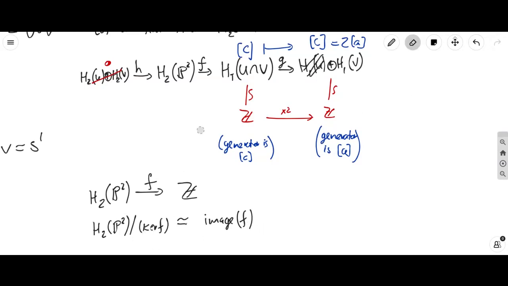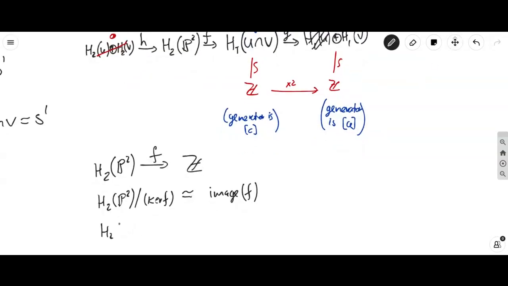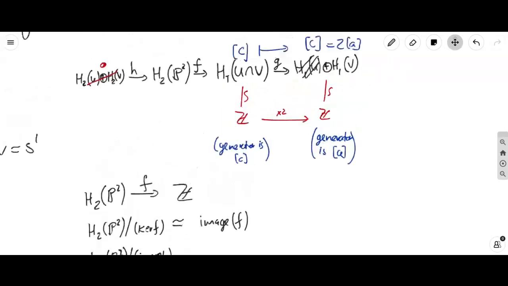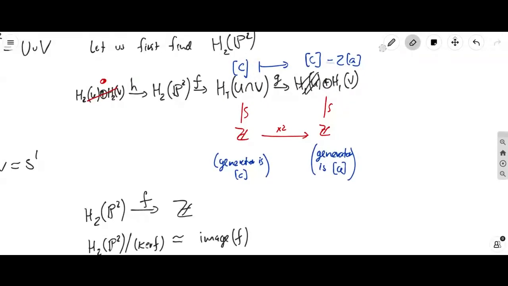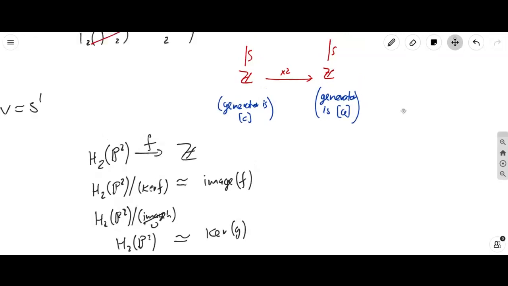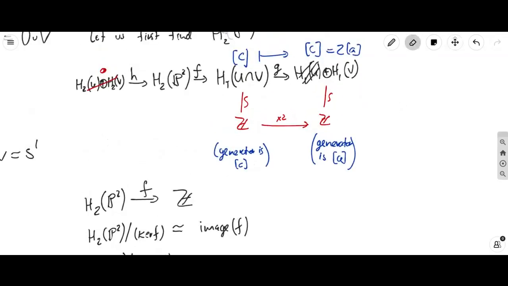Now, the kernel of F can be replaced by the image of H. So H2 of P2 mod the kernel is just H2 of P2, since the image of H is 0. So H2 of P2 is isomorphic to the image of F. But the image of F is equal to the kernel of G. This is the mapping G, the doubling map.